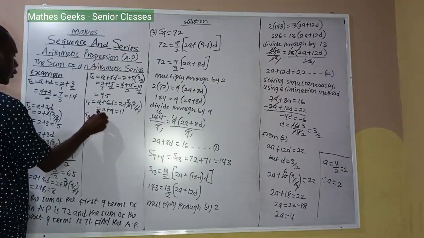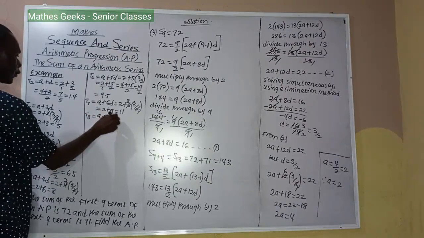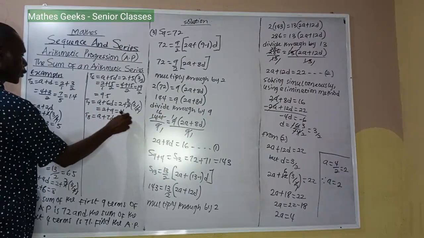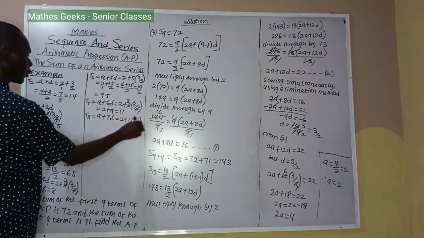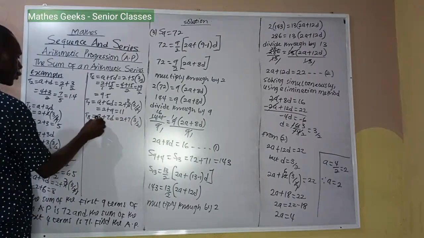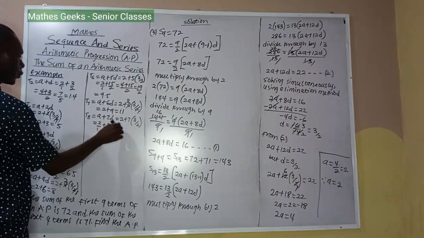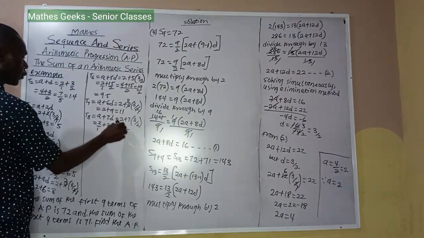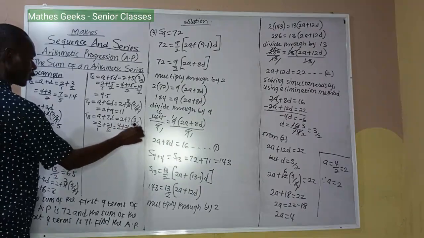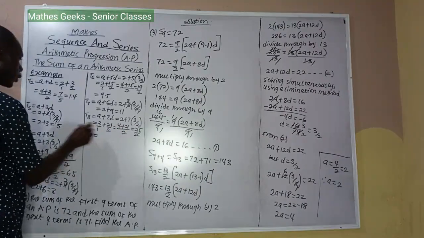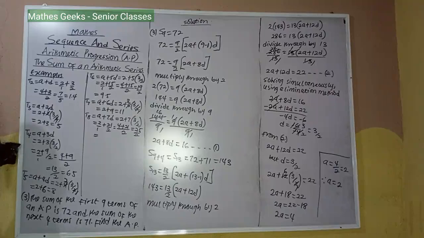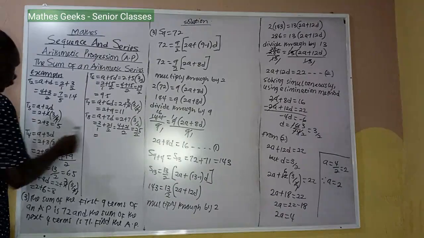T8 is A plus 7D, 2 plus 7 times 3 over 2. 2 over 1 plus 21 over 2. 4 plus 21, 25 over 2. 25 divided by 2 is 12.5.